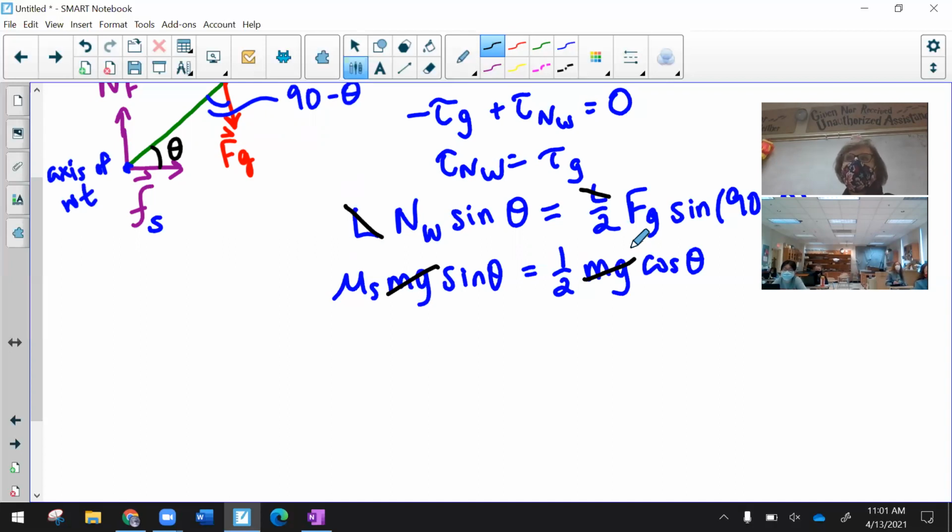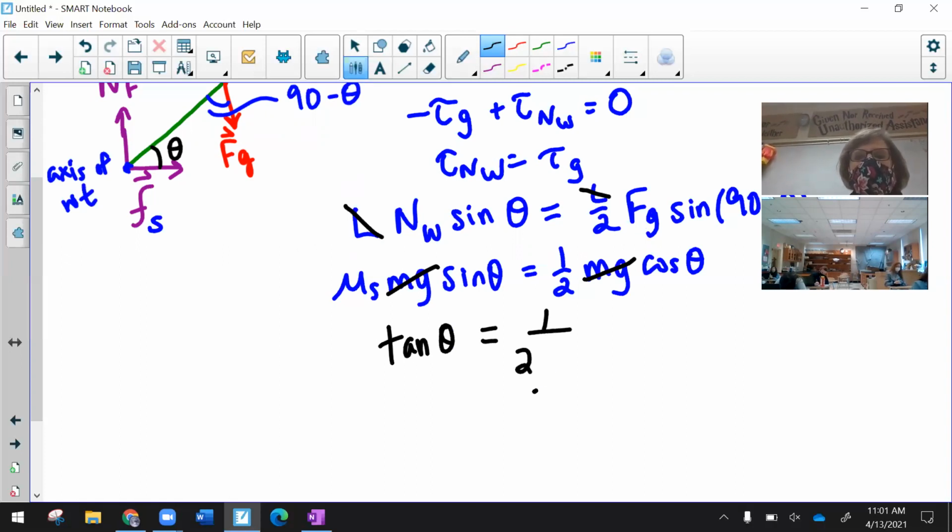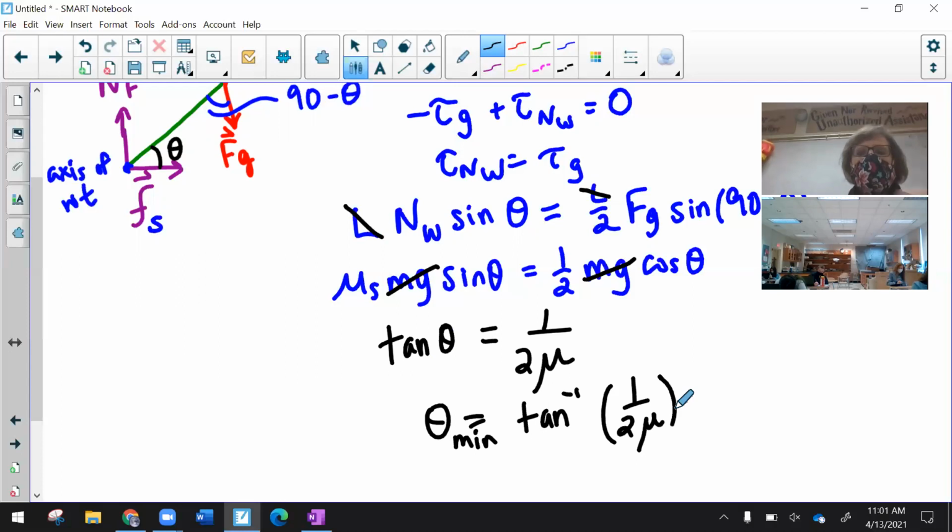What would I get? Tangent theta, right? So I could have tangent theta is equal to 1 over 2 mu, and I think the problem just called it mu. So we can say that our theta min is the inverse tangent of 1 over 2 mu.